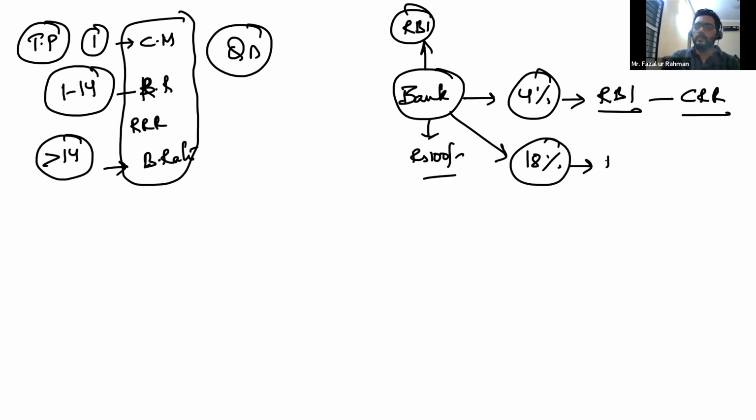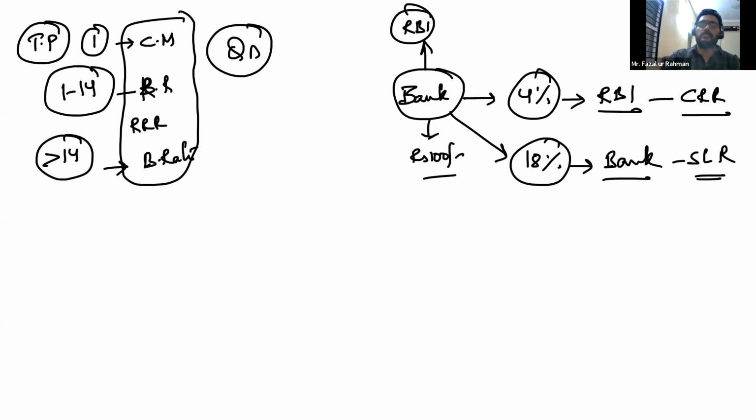These 18% will not be with the RBI. It will be with the bank. You call it the statutory liquidity ratio. So what is the statutory liquidity ratio? It is a minimum ratio where every bank has to keep with itself certain statutory reserves.